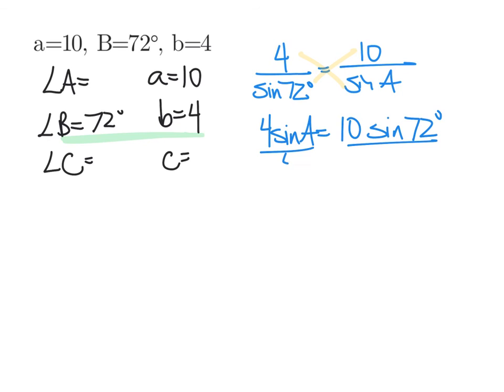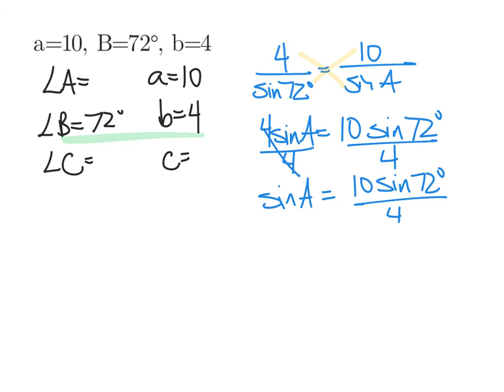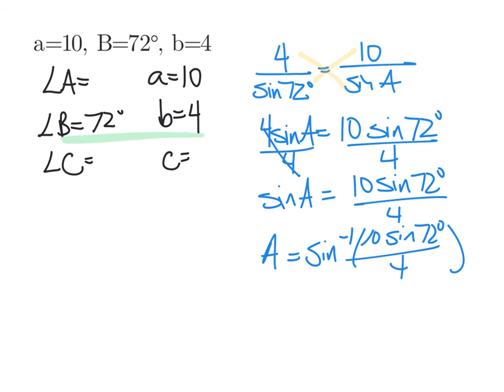Divide both sides by that 4. And then get A alone by using the inverse sine. You go head over to your calculator, type it all in, and you get a big fat error.